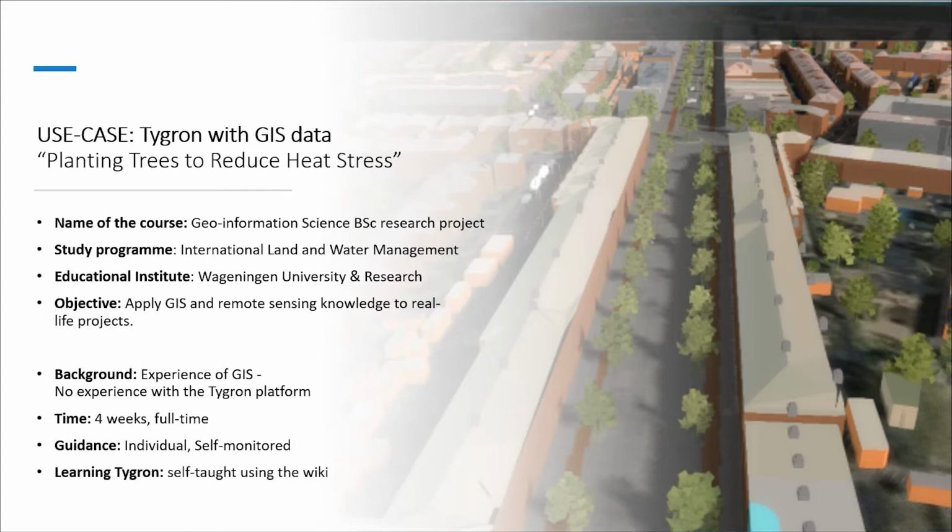So Max had no prior knowledge of the Tygron platform. He had, of course, some experience with GIS because of his specialization, but he decided to go with it and to learn Tygron. And then he learned it on his own. So at the beginning of the course, it took him around 1 week to know what to do with the platform.